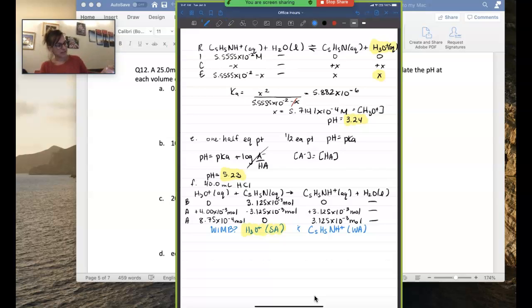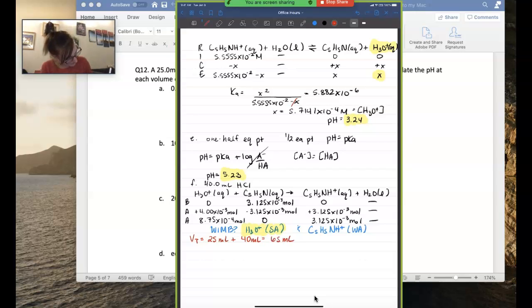And so what we need to do in order to find the pH, we know it's the negative log of the hydronium ion concentration. Well, we need to figure out what is the new hydronium ion concentration? So we have to calculate the total volume at this point in the titration, which is the 25 milliliters of the pyridine plus the 40 milliliters that we've added. This is 65 milliliters total.